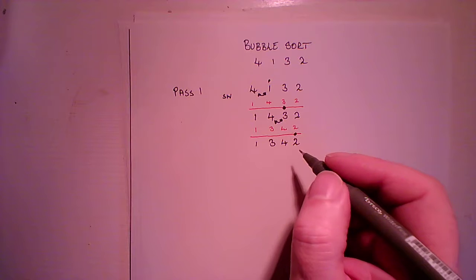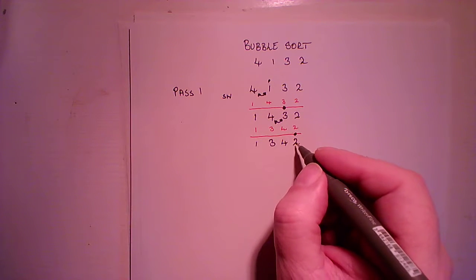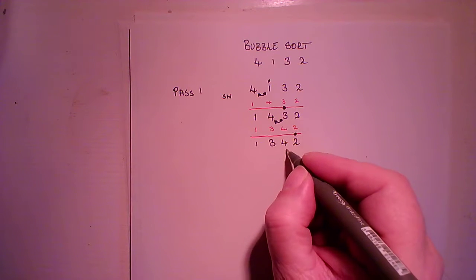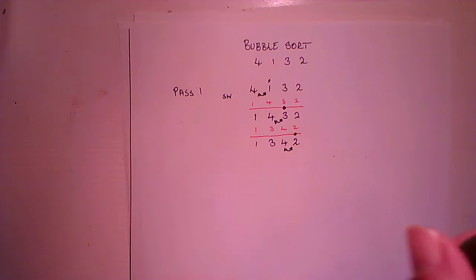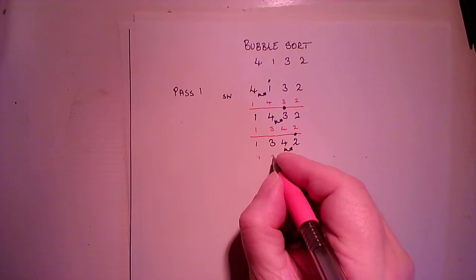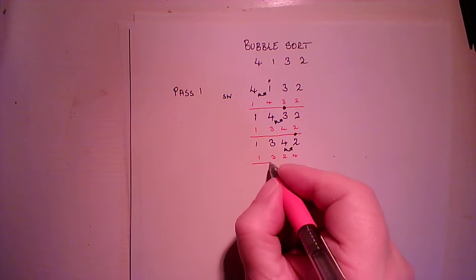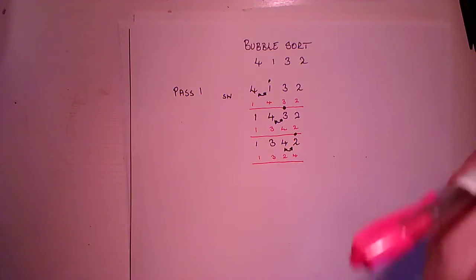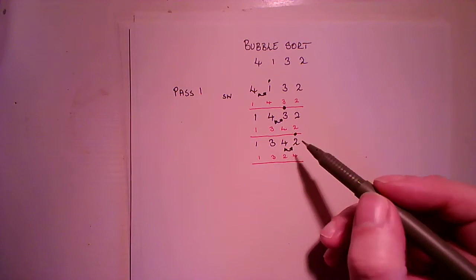All of this helps the examiner know exactly what you're doing. 2 is less than 4, so I'm going to be swapping those two. Okay, so write down the 1, the 3, and swap these two over, 2 and 4. And that is the end of my first pass.